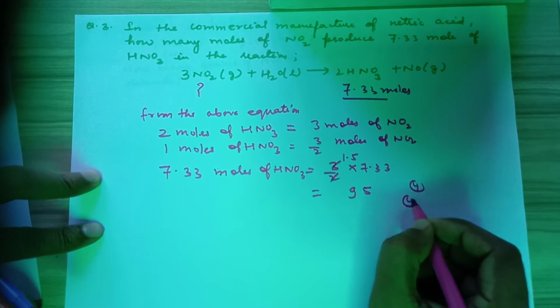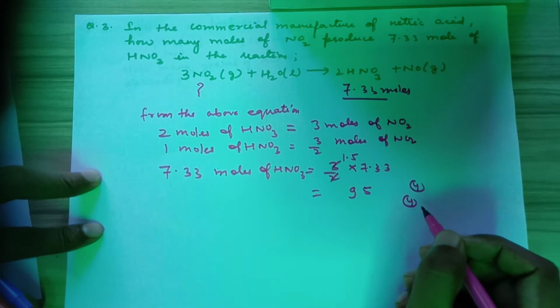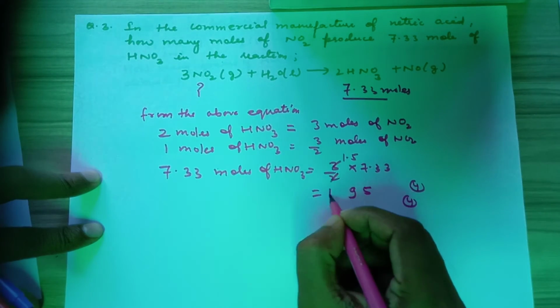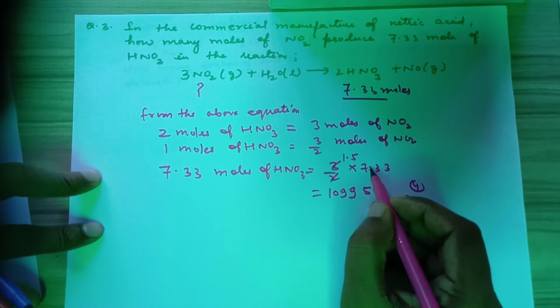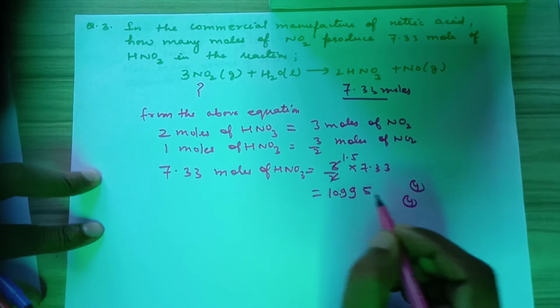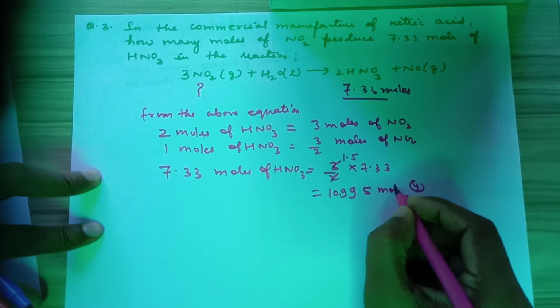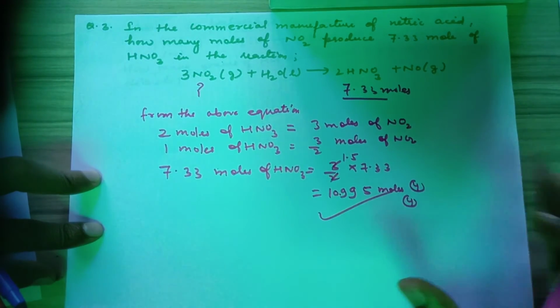So 4 will come out. 15 7s are 105, 4 1 0 9, so it will be 109. Now the decimal place is up to 2 places, that is 3 places. So it will be 10.995 moles. So this is our required answer from the given equation.